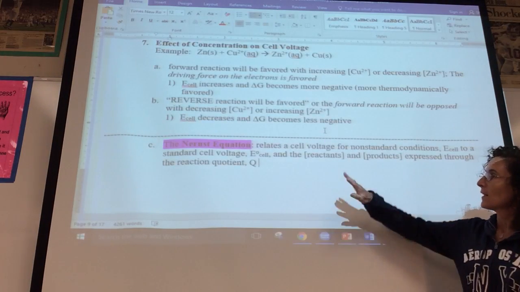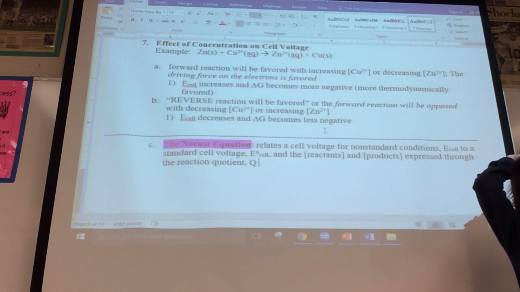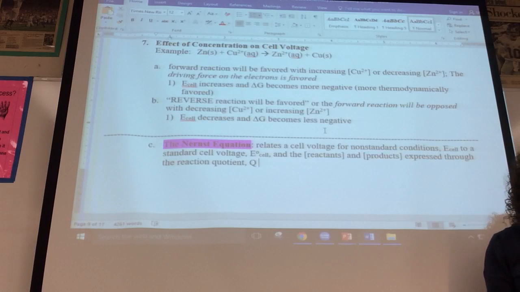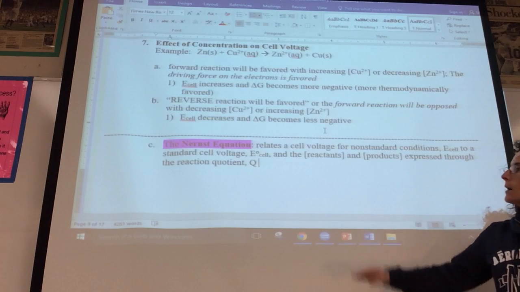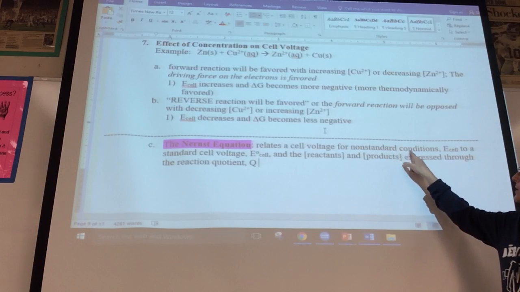All right. The Nernst equation's kind of interesting here because they took the equation off the exam. Not on your formula sheet anymore. So why should we use it? And then all of a sudden it popped up. This equation relates cell voltage for non-standard conditions.